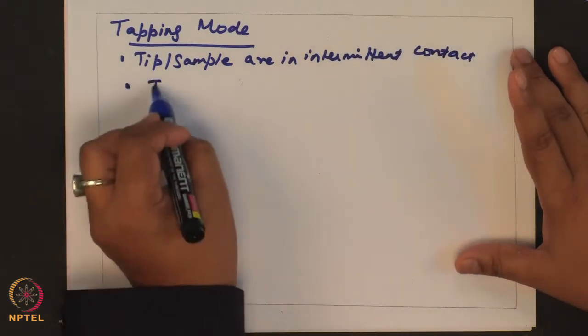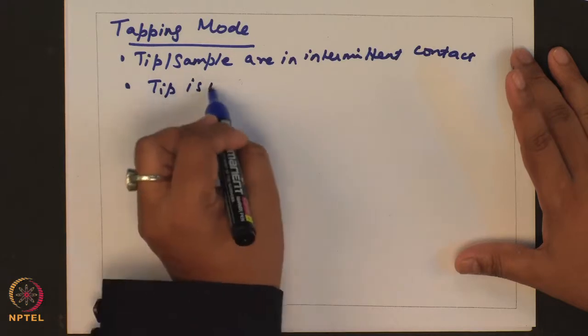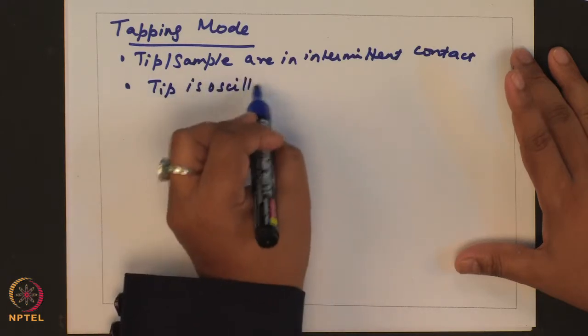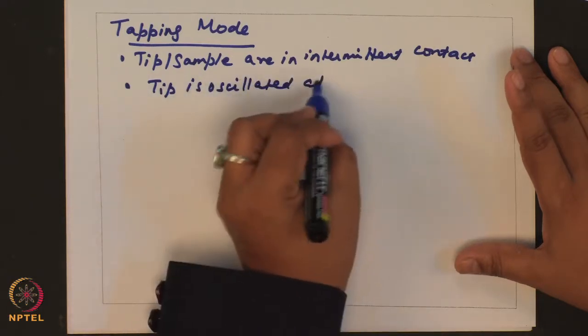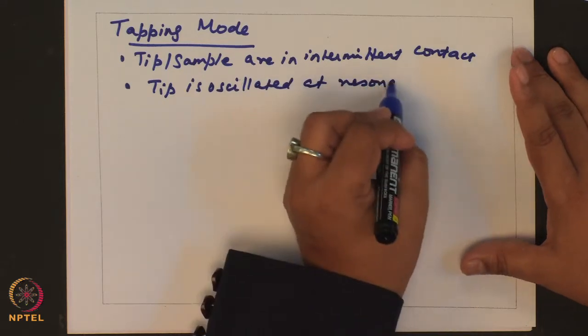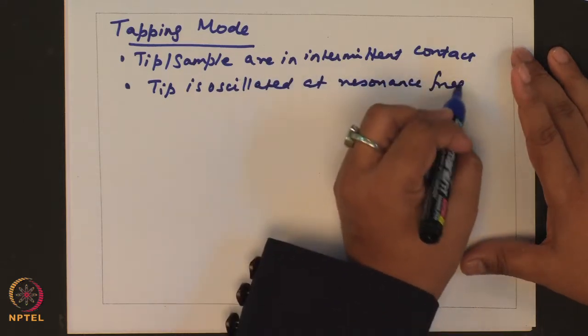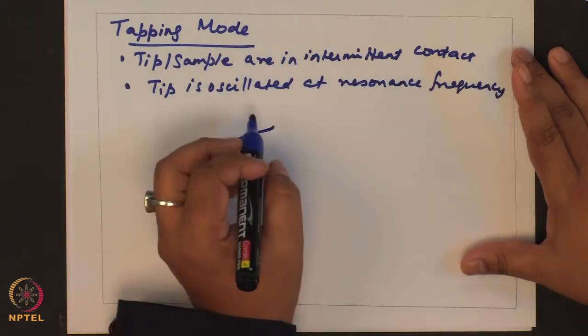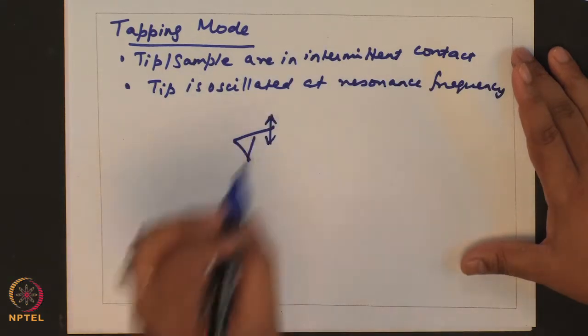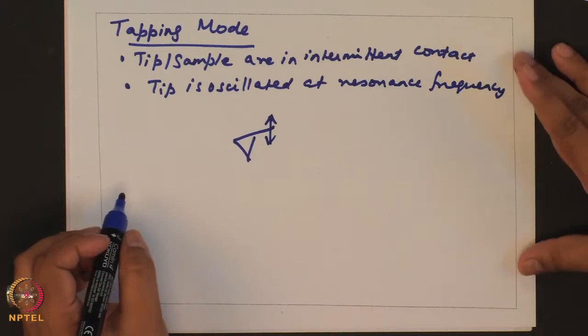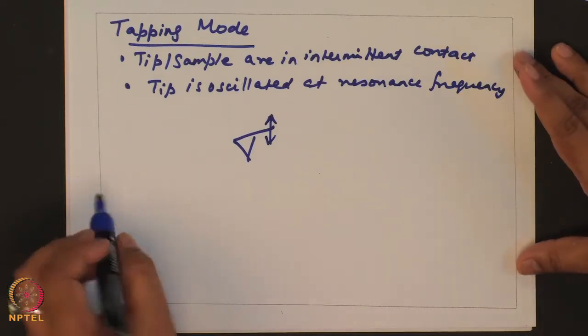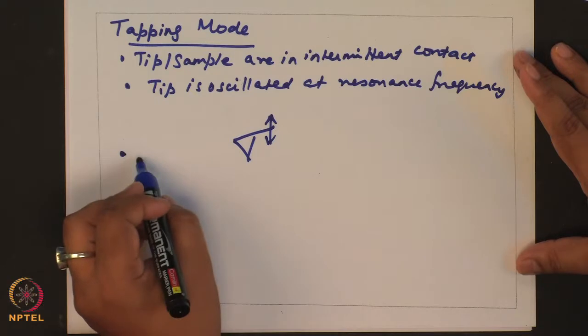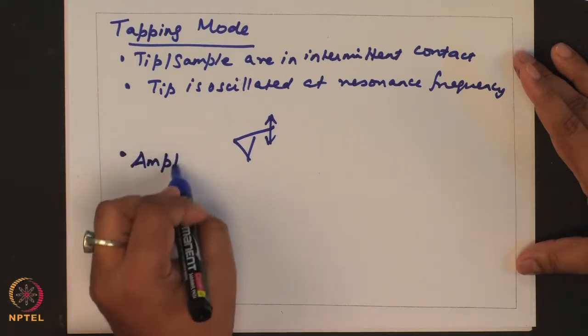In this technique, the tip is oscillated at resonance frequency. So, you drive the tip up and down with a given amplitude and a given frequency, and what you control is the amplitude set point.